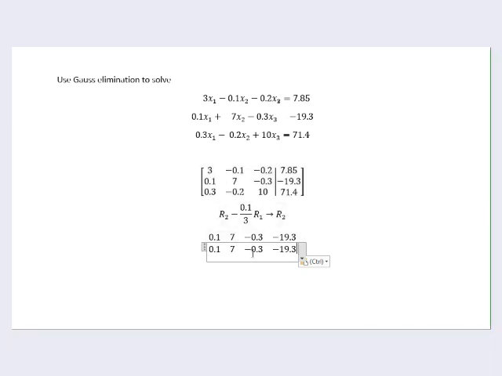Then minus 0.1 multiplied by 0.1 divided by 3, so here I get minus 0.00333, and here I get minus 0.2 multiplied by 0.1 divided by 3, so that is minus 0.00666, and here I have 7.85 multiplied by 0.1 divided by 3, so this is 0.26166.